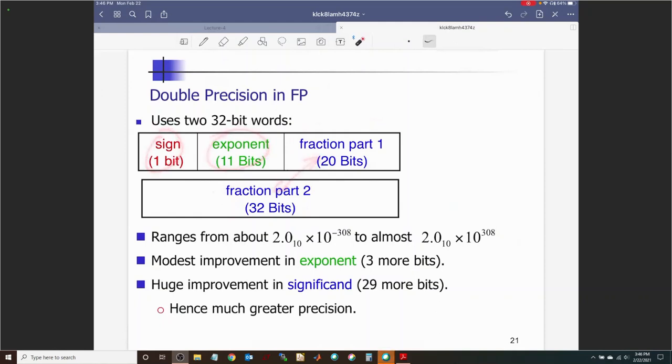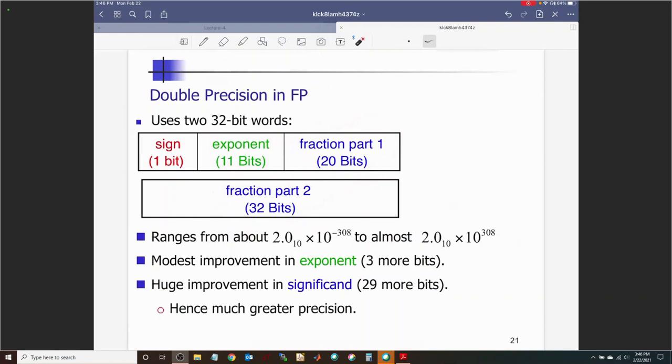As you can see, the jump in the exponent field has been just 3 bits. But the jump in the fraction field, or the significand field, related to the precision has been from 23 to 52, a dramatic uptick in the precision. But still the range has also increased because of the 3 additional bits in the exponent field.